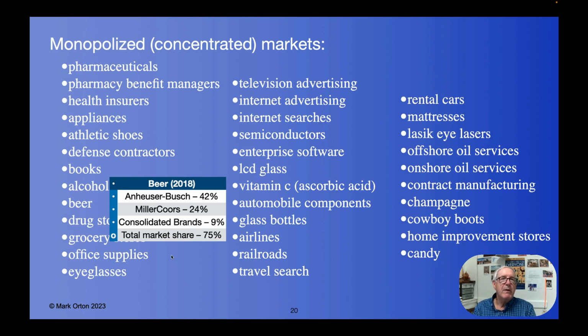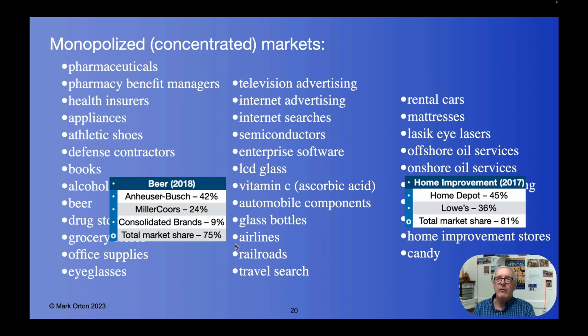So beer, 3 companies control 75% of the whole beer market. And this one is really startling to me. Home improvement. So this is where you buy your lumber and nails and stuff like that. Home Depot and Lowe's control 81% of this market.